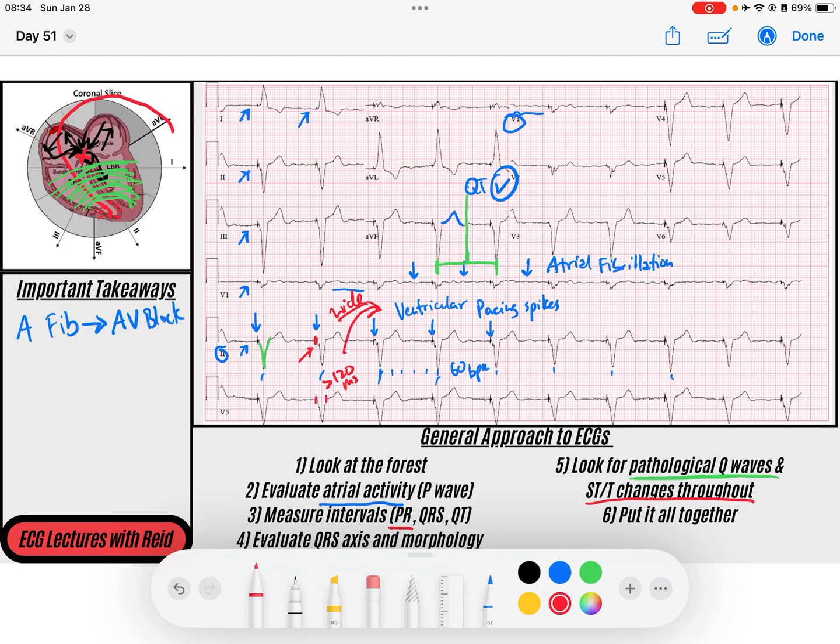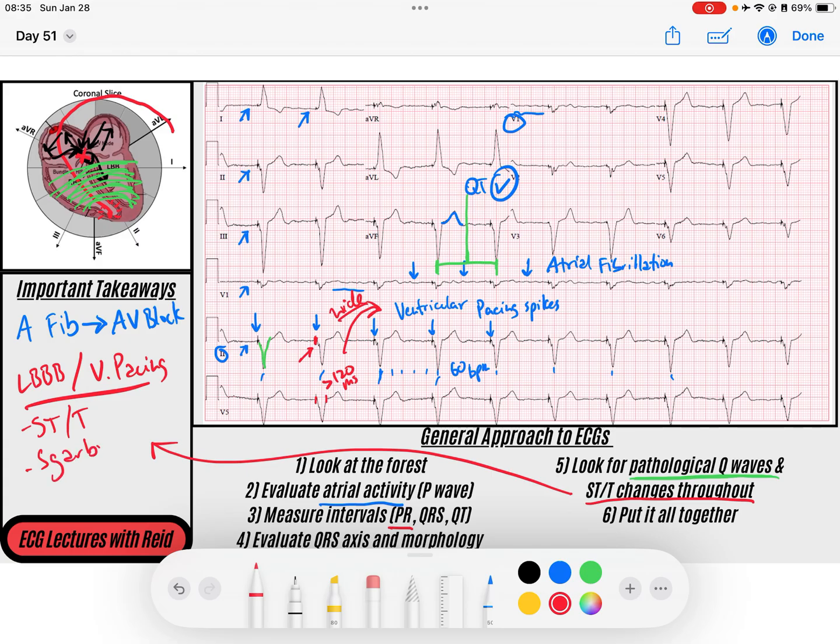Remember that in order to look for ST and T wave changes in somebody with either a left bundle branch block or ventricular pacing, the ST and T waves are looked at with a different criteria. It's called the Sgarbossa criteria.